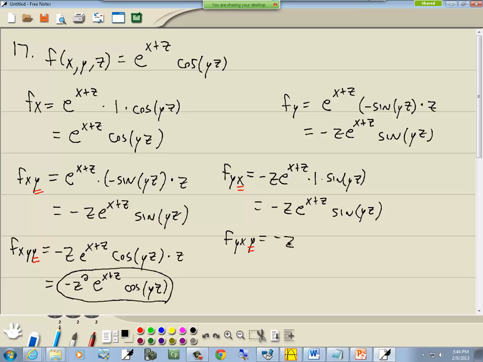This is a constant, so that remains out in front. Derivative of sine is cosine yz, times the derivative of what's inside the parentheses with respect to y, what we have underlined here, which would give us z, which gives us negative z squared e to the x plus z cosine of yz.